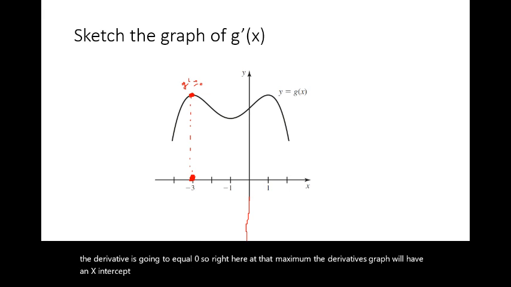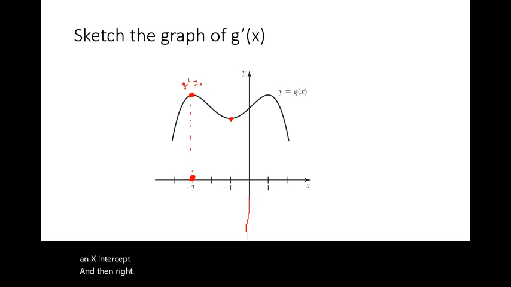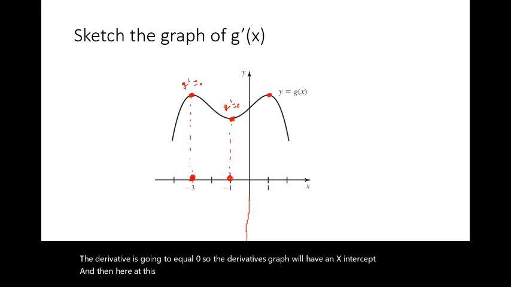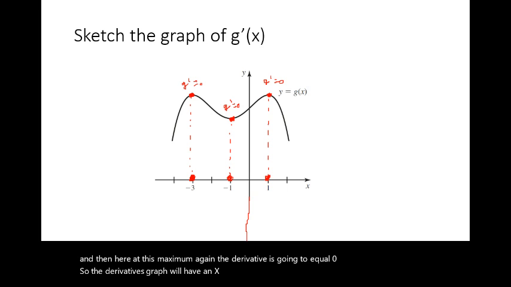And then right here at this minimum, the derivative is going to equal 0. So the derivative's graph will have an x-intercept right here. And then here at this maximum, again, the derivative is going to equal 0. So the derivative's graph will have an x-intercept right here.